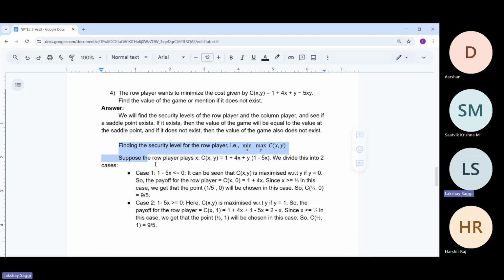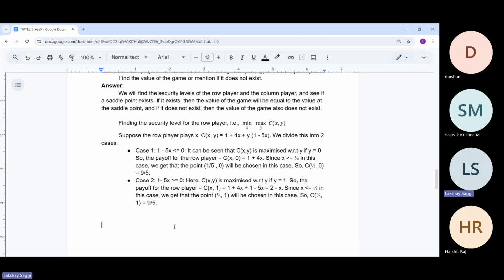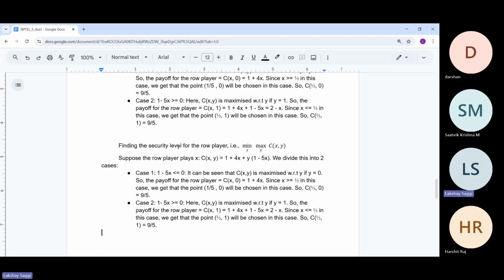And now, this is what we did for the row player, right? And now we'll need to do the same kind of things for the column player also. So till now we have only found out the security level for the row player. And now we'll try to do it for the column player.